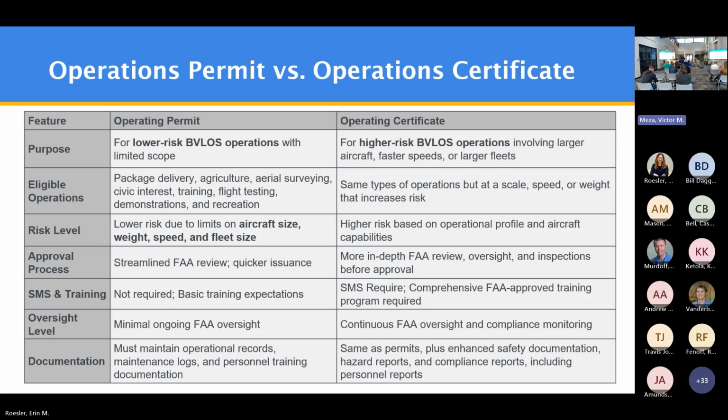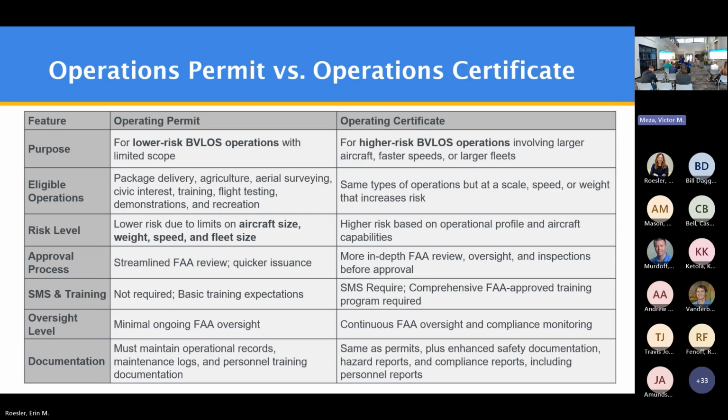If I were to give a main takeaway from this, regardless of whether it's a permit or a certificate, the documentation required for all Part 108 operations is going to be a drastic change from 107.